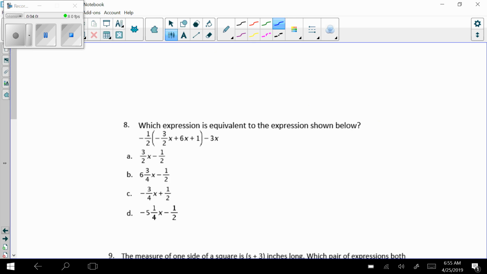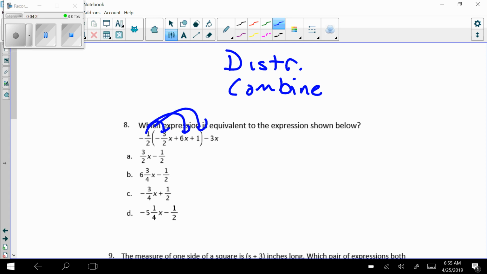Number 8. The first thing you have to do, remember, in these expressions, is distribute and combine. So first I'm going to distribute this negative 1/2. A negative times a negative will be a positive, and it'll be 3/4. I'll at least do the first part of this for you. So it'll be 3/4 x. Then a negative 1/2 times a positive 6 will be negative 3x.